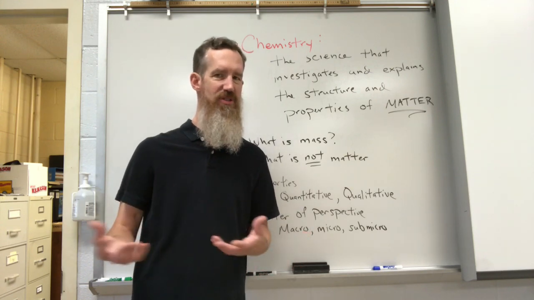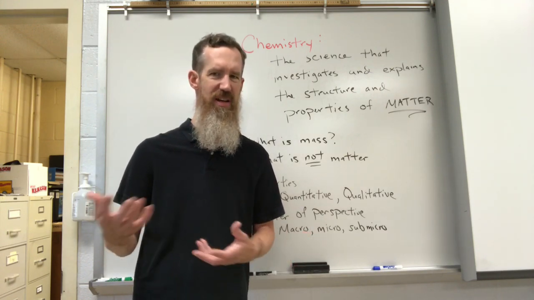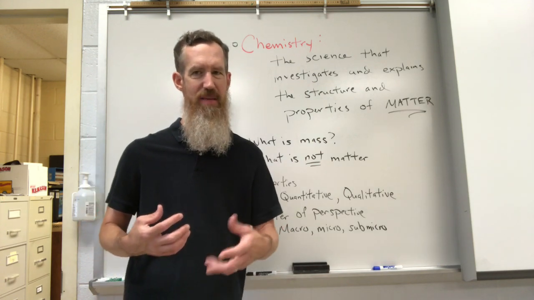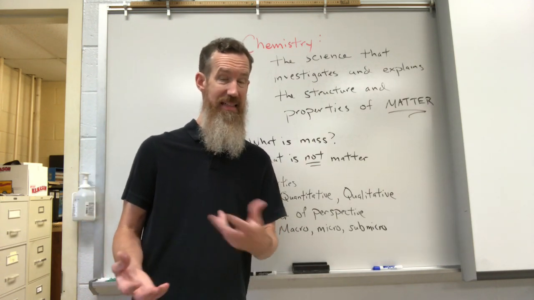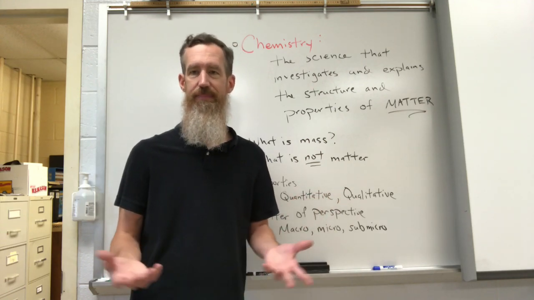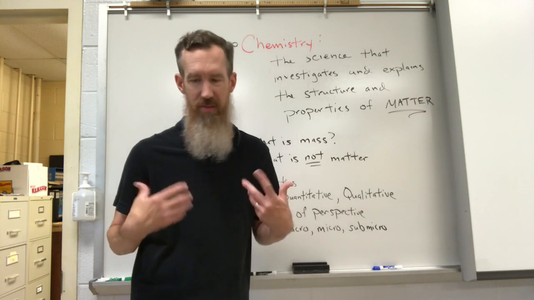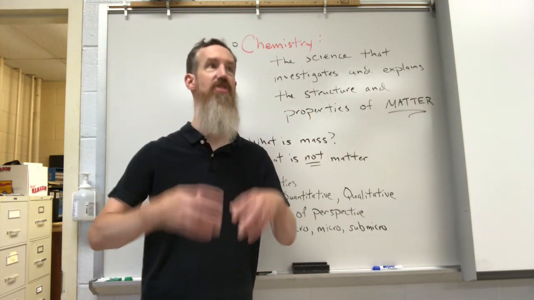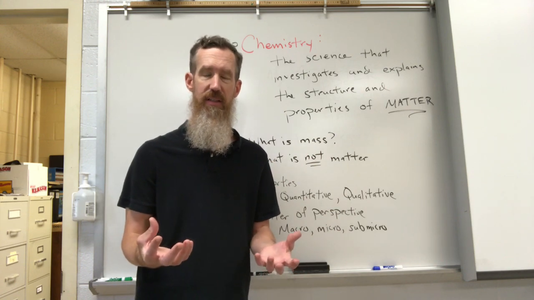But that definition gets a little tricky when you look at the definition of mass, because the definition of mass says it's the amount of matter that an object has. So they're kind of circular. Again, to me, keeping it simple, boiling it down, matter is the stuff that everything is made of.